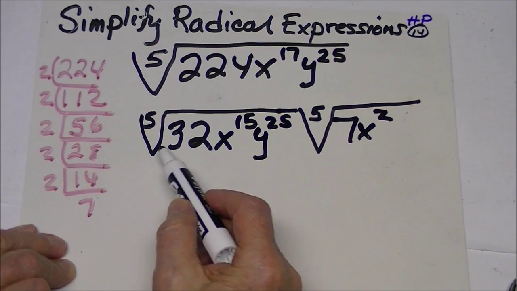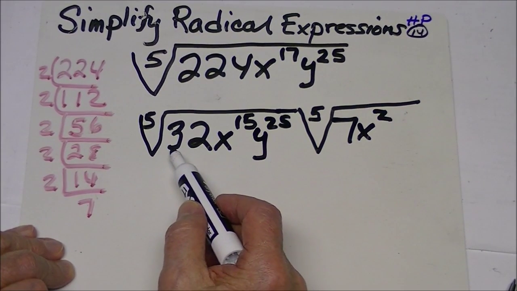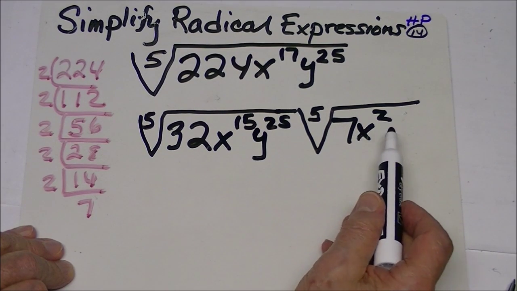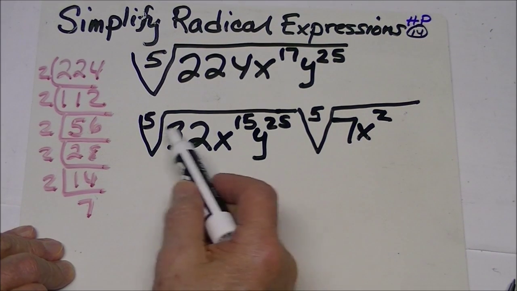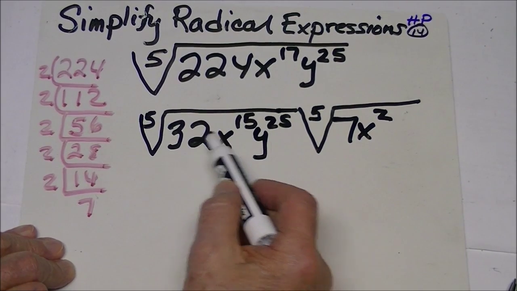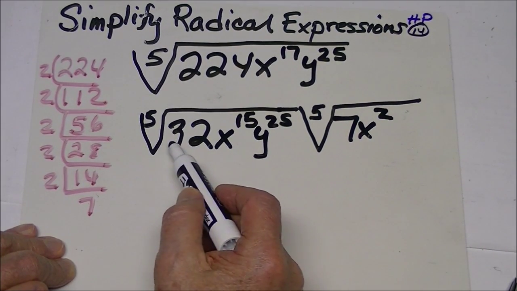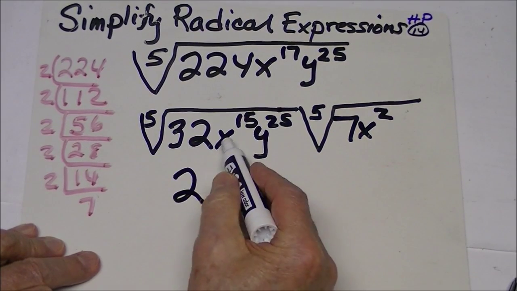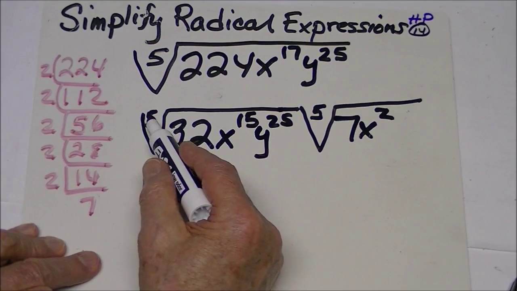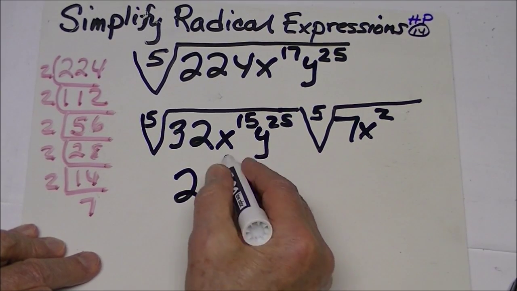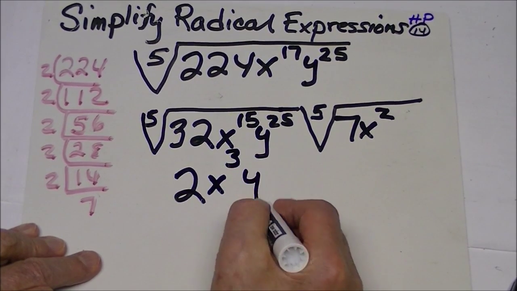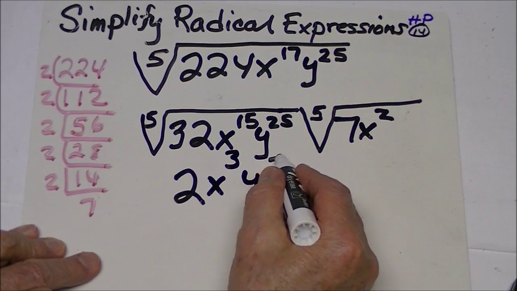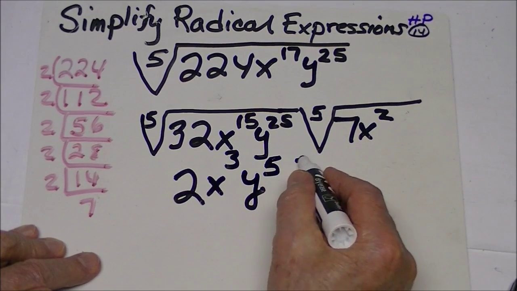So now under one radical sign we have perfect fifths, and whatever's left over we have under the other radical sign. Now we take the fifth root of this. Well, the fifth root of this is 2. The fifth root of this, we just divide the 15 by 5, and we get x to the third. Y, we divide the 25 by 5, y to the fifth, and then this is what's left over.